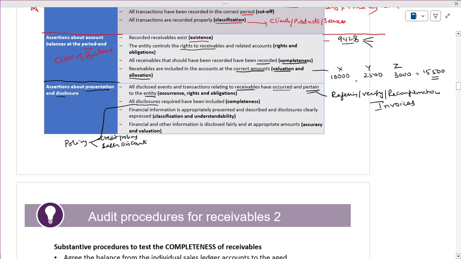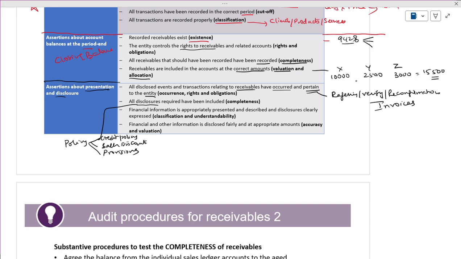The policy in terms of provisions. Everything has to be disclosed. We cannot just say there should be a policy; we have to specify which policy, with respect to the credit policy, with respect to credit limits.